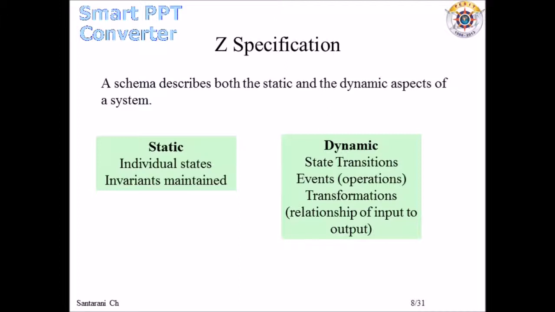It involves the state transitions, based upon the input or some outside criteria. This transition happens between the states, due to some operations or events, or transformations. Due to these events, the states transform from one to another, finally giving the relationship of the input to the output.